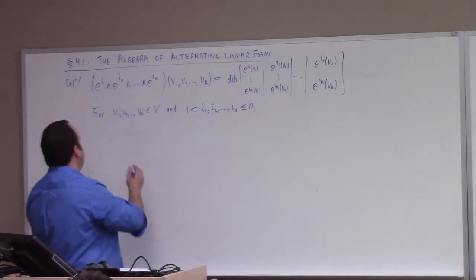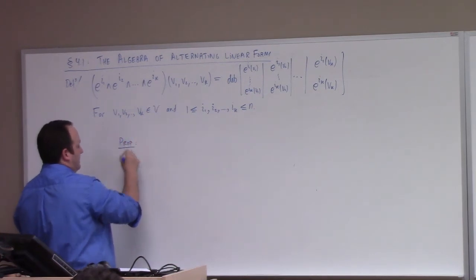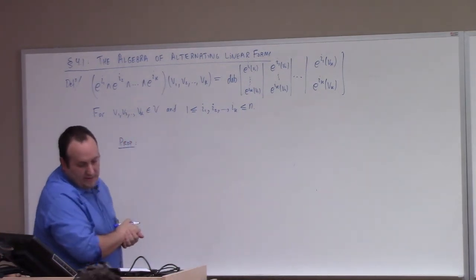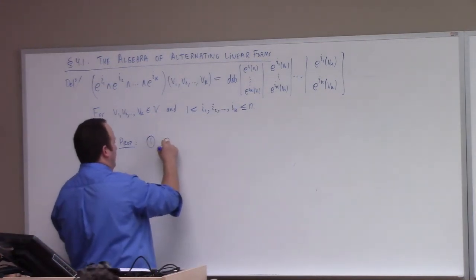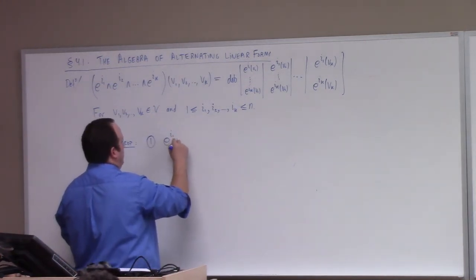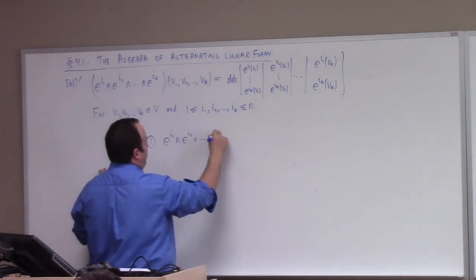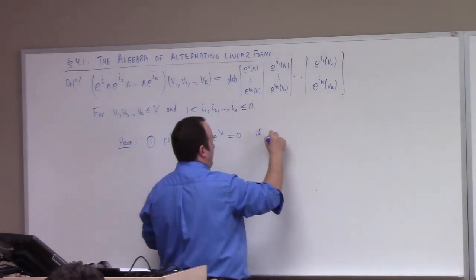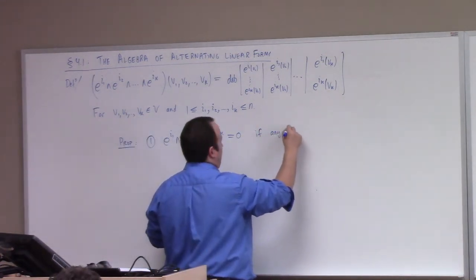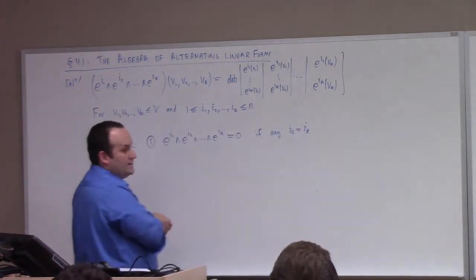And then proposition, from this, you can prove, number one, that if we have E^I1 wedge E^I2 wedge and so on wedge E^IK, this is equal to 0 if any I sub s is equal to I sub t in here somewhere.